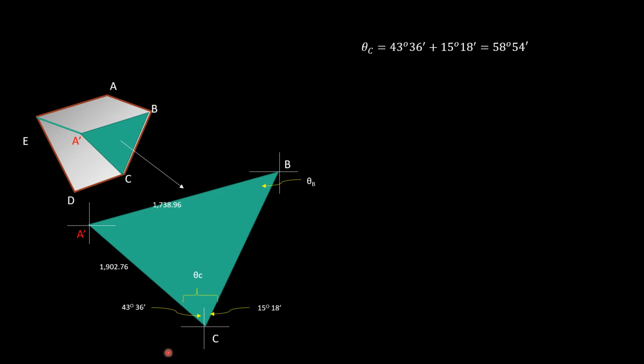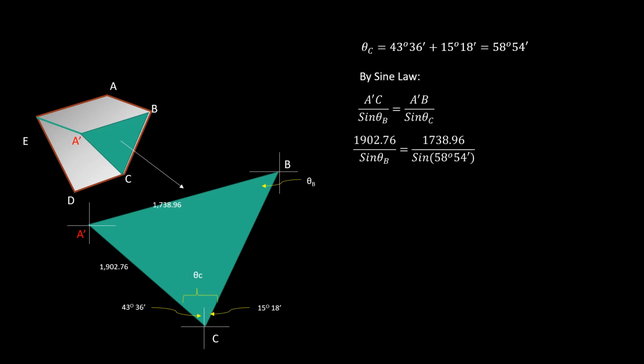So we calculate theta C by adding the angles 43 degrees 36 minutes and 15 degrees 18 minutes, which is equal to 58 degrees 54 minutes. Then by sine law, A prime C over the sine of theta B equals A prime B over the sine of theta C. It will give us the value of theta B, which is 69 degrees and 32 minutes.